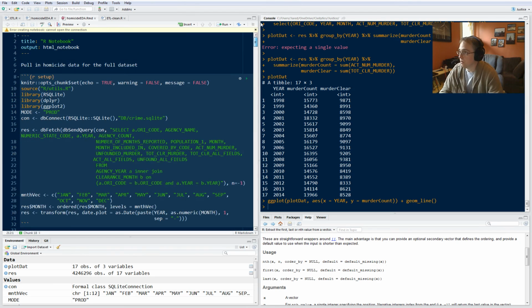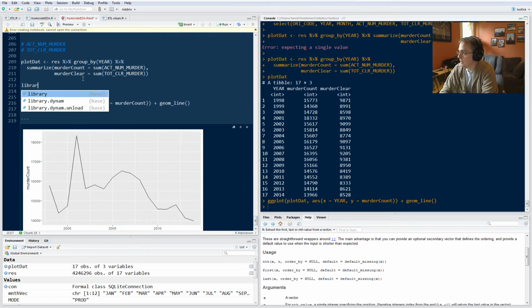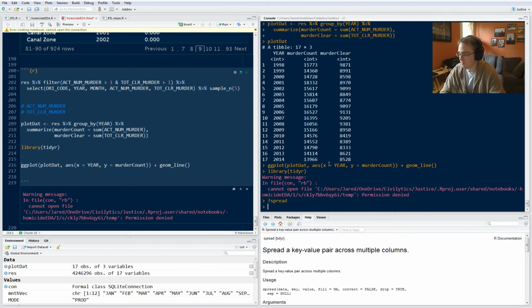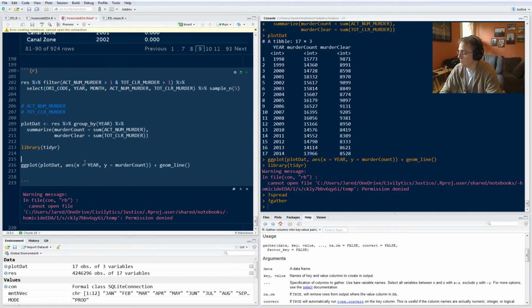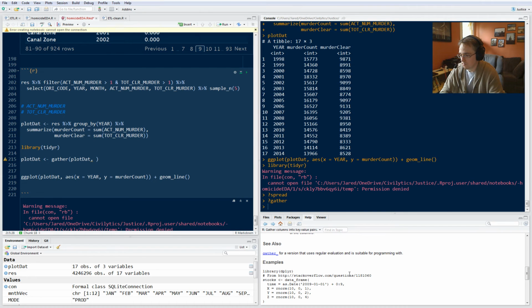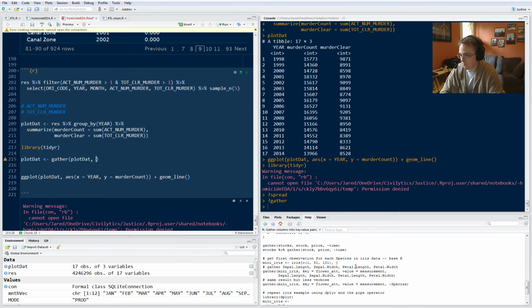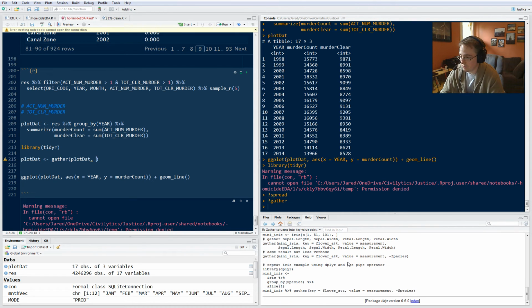And I love ggplot2, so I'm gonna abide by the way that it wants the data to be formatted. Now I have to read the documentation to remind myself how to do it because I don't usually do it this way.